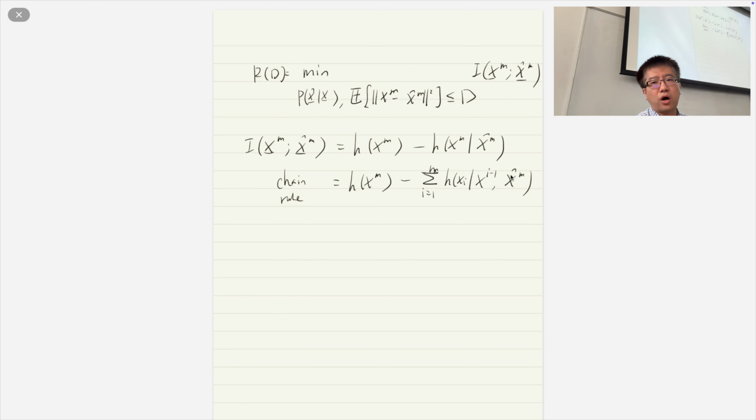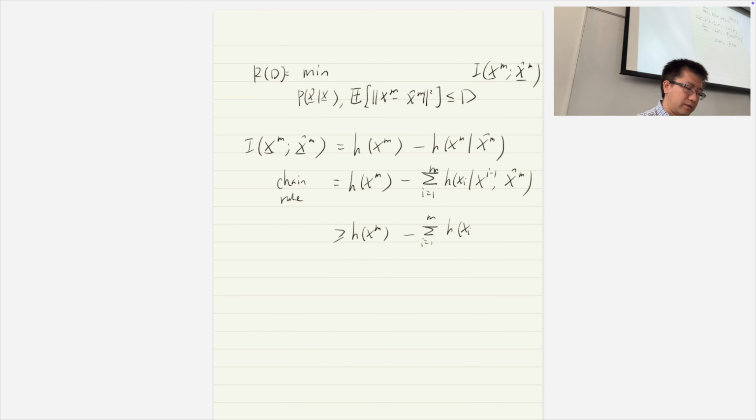Similar to before, where we dropped the condition, here we can do the same thing. We are going to drop some of the conditions, because we want to go back to what we have seen before.